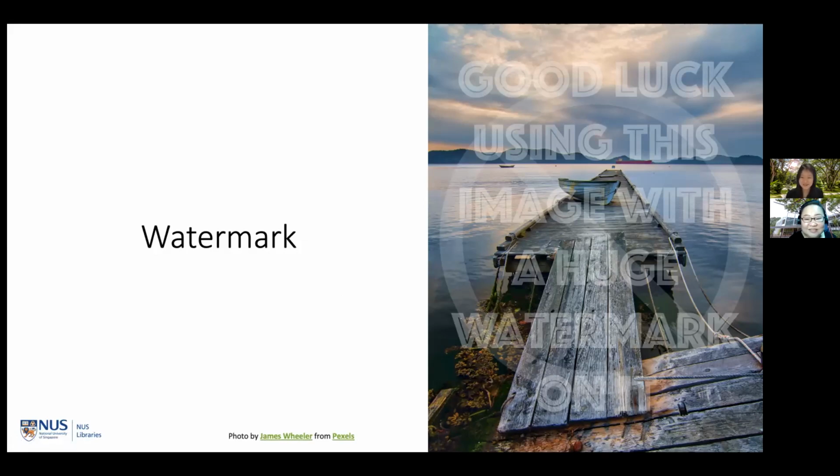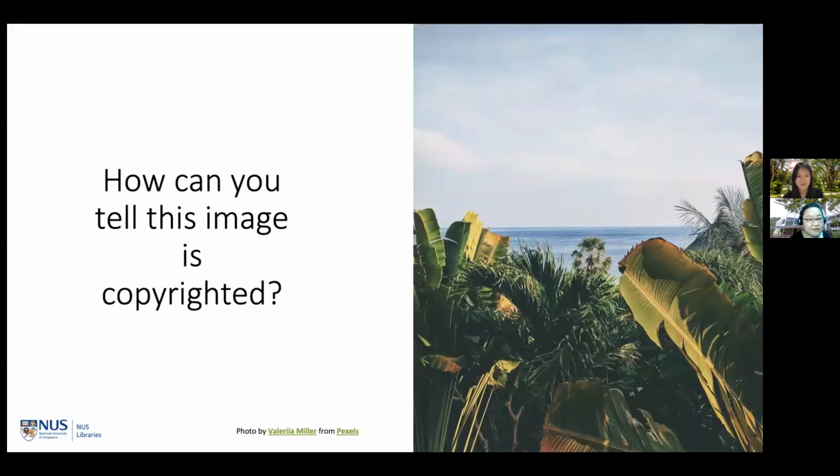So we will be showing you how to look for photos that are copyright free and contain no watermarks. There are some very good quality photos out there that are available for free. And finally, this is the last image. How can you tell this image is copyrighted? Are there any clues? Actually, there's nothing on the face of it that tells you that it is copyrighted.